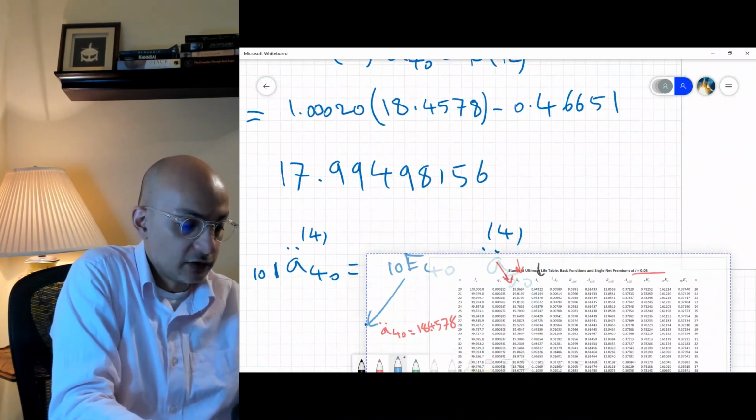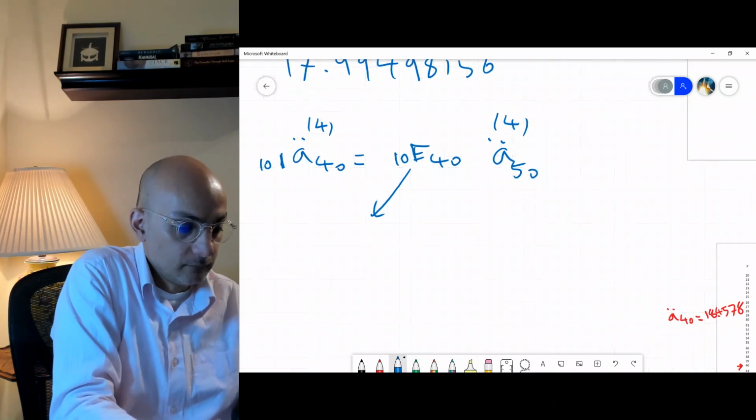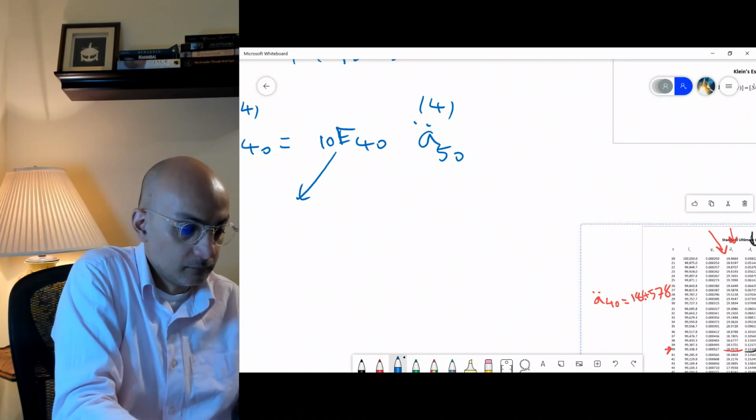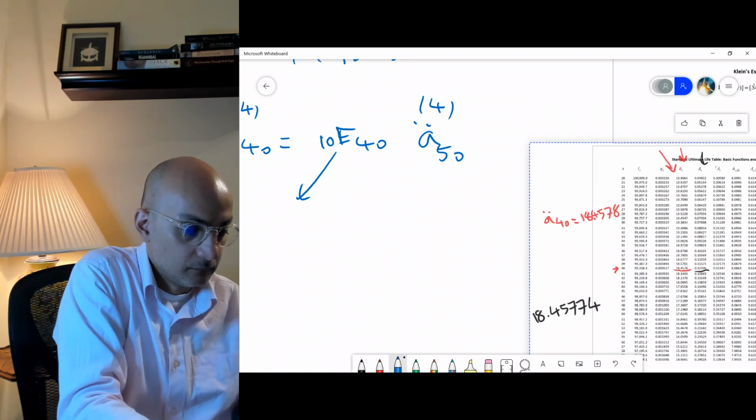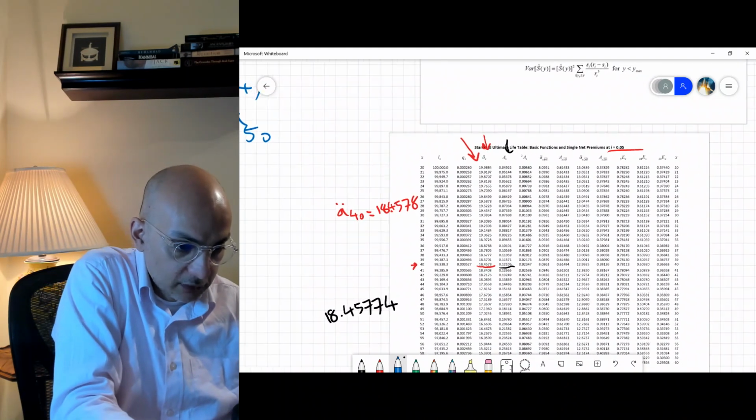Get it here closer to us so we see it. 10E40, sorry, 10E40.